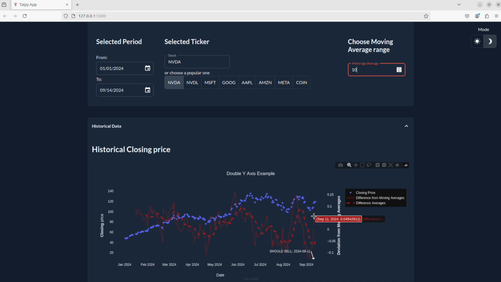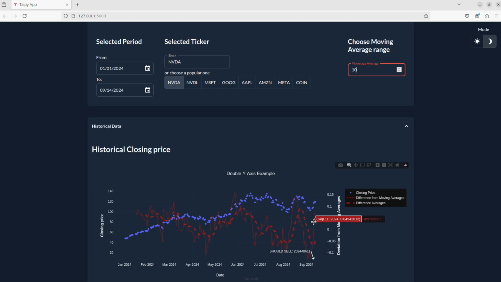When I marked September 11th as the day you should sell this stock, it was because on September 10th it was still minus 7%, but suddenly on September 11th it shot up to plus 5%.